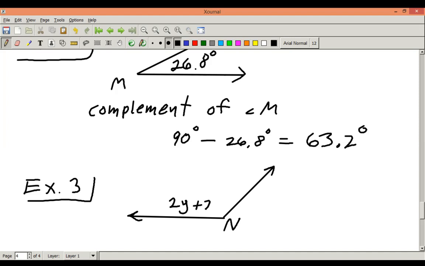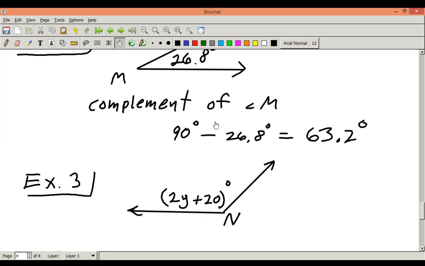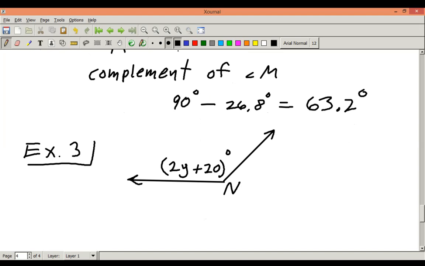So an expression this time, 2y plus 20 degrees. And someone says, give me the supplement of angle N. So the supplement of angle N is 180 minus that angle.